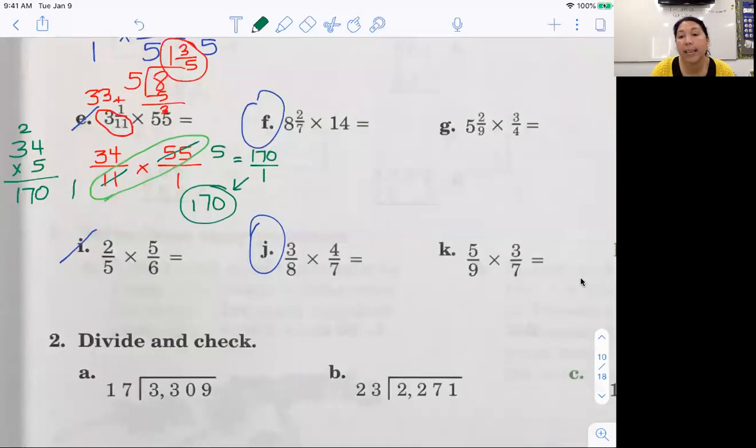Okay, so there is E. You need to do F. So you've got to change this to an improper fraction. Look how I did 3 and 1/11. And then you have to make a fraction out of the 14. Okay, do letter F right now. Once you've done that, check for cross canceling. There's going to be cross canceling. And then you can multiply. If you need scratch paper, get your scratch paper out.